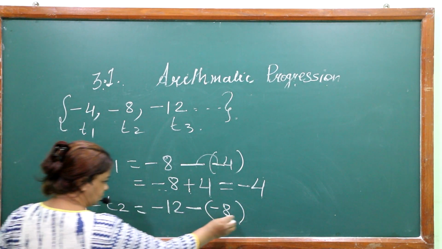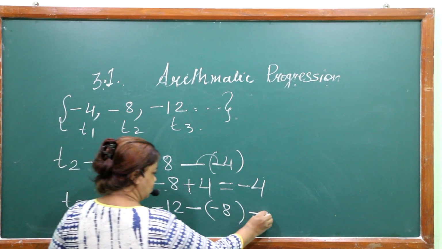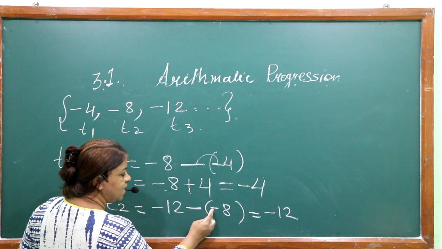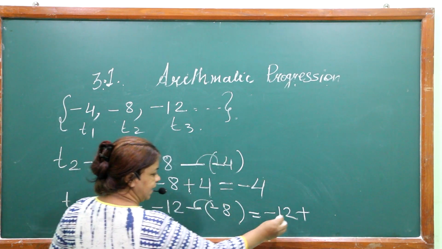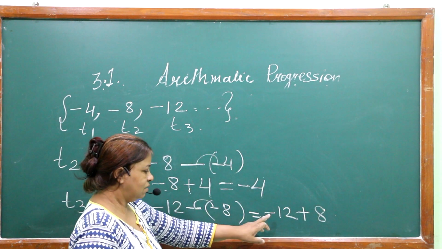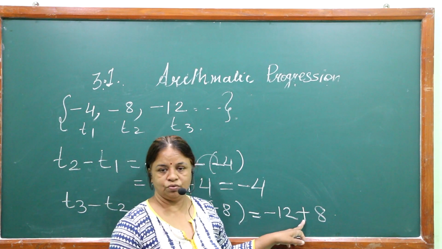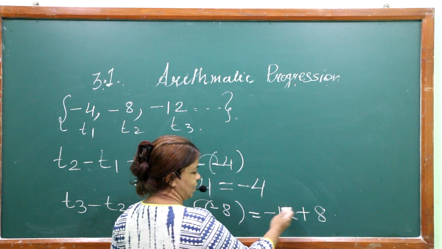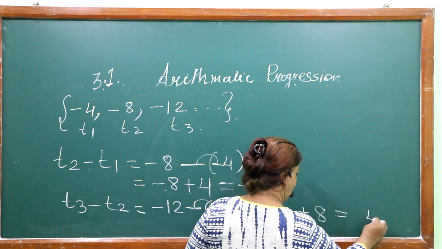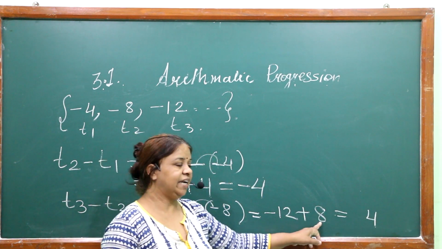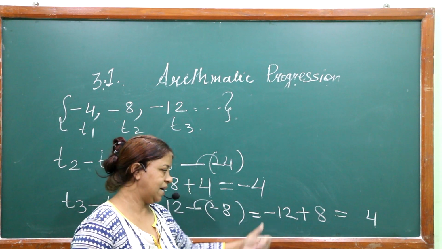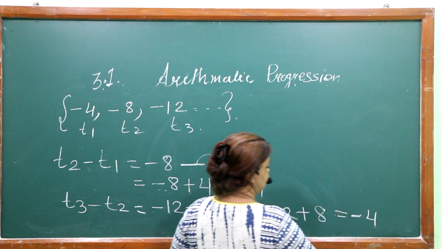Again, minus 12, minus minus multiplied becomes plus 8. Here one is minus and one is plus, so you will do subtraction. 12 minus 8 is 4. Which number is greater? 12 is greater, 8 is smaller. What is the sign of 12? Minus. So I'll write here minus.